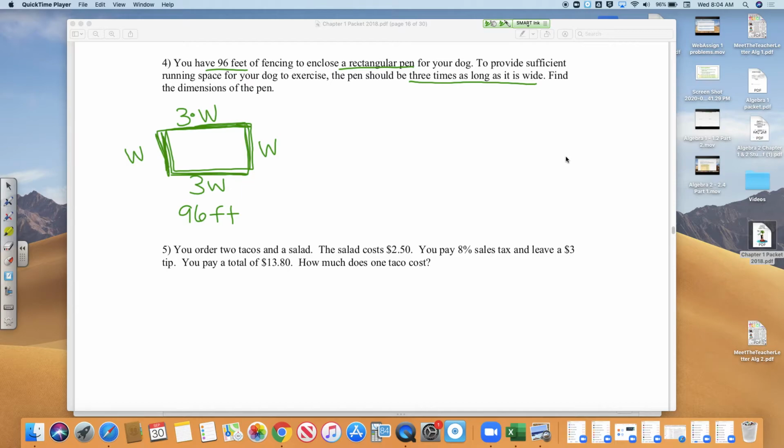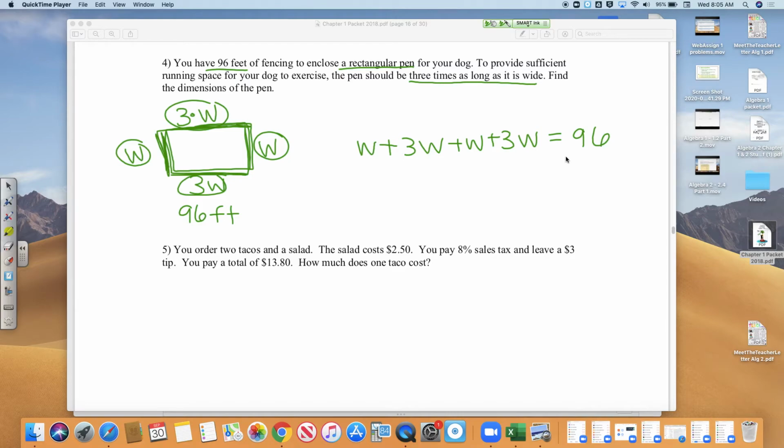But looking at this picture, because I have everything laid out, if I add the width, this one right here, plus this length, which is 3W, plus this one, which is W, plus this one, which is 3W, it's going to equal 96 feet in total. So this is the equation I can create if I'm just adding up all of the sides. Another way to do this would be 2 times W plus 2 times 3W equals 96. It'll get you the same answer.